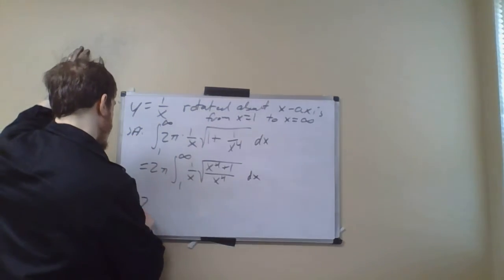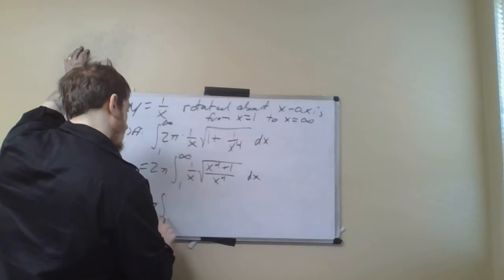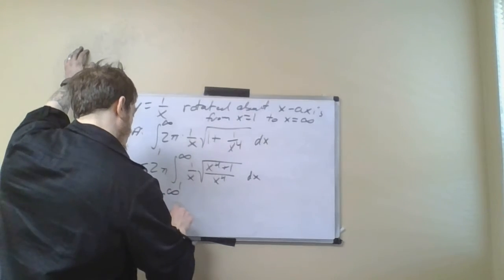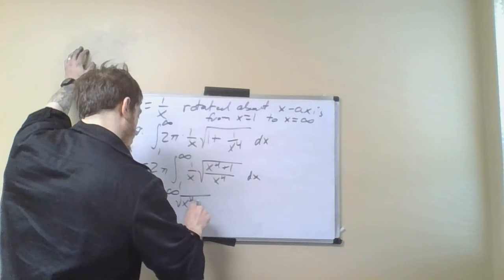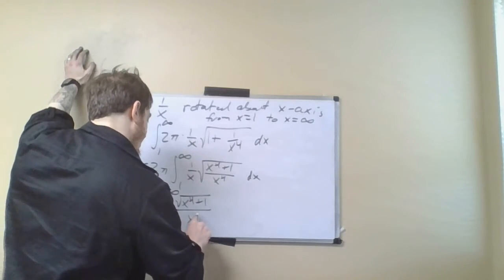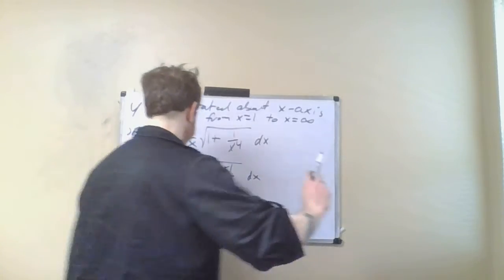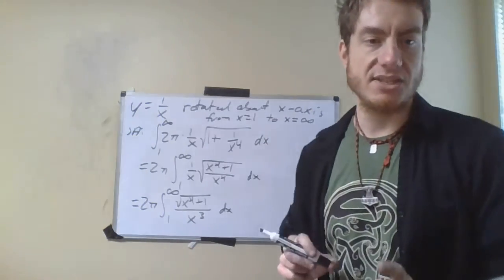So this is going to become 2 pi times the integral from 1 up to infinity of square root x to the 4th plus 1 divided by x cubed dx. And now, here is what we can say.